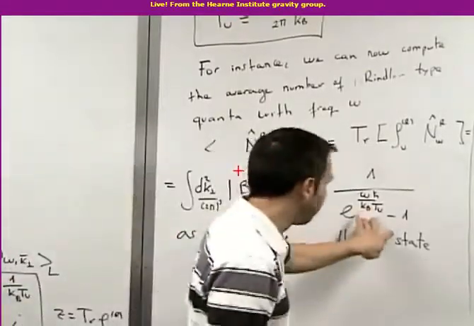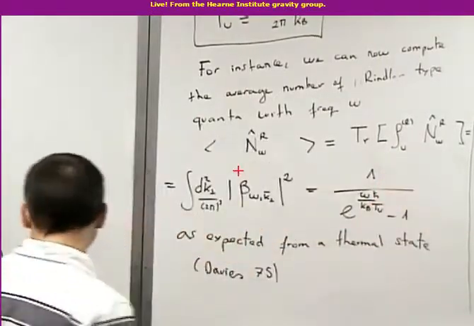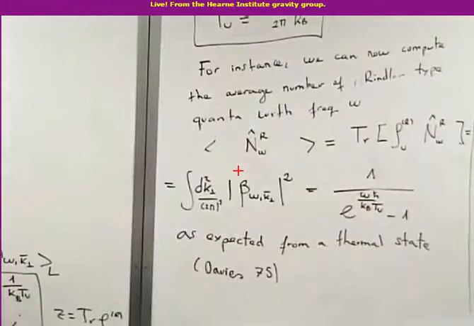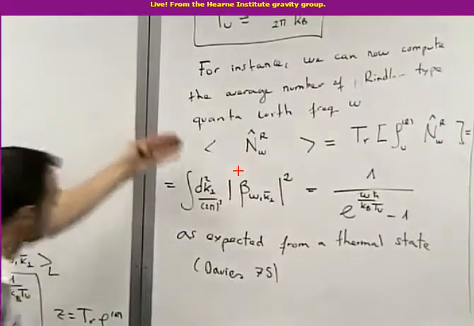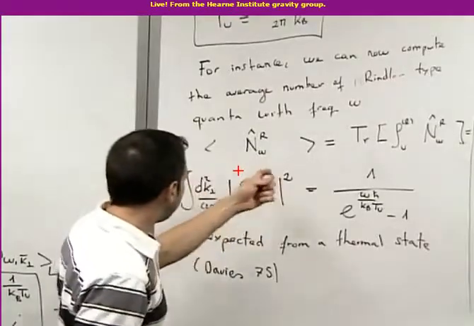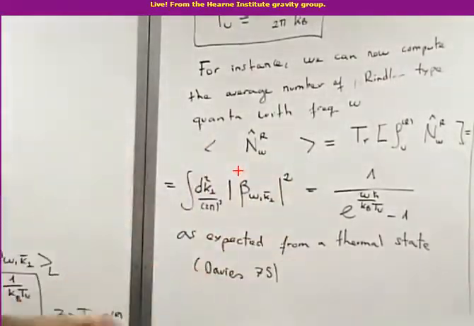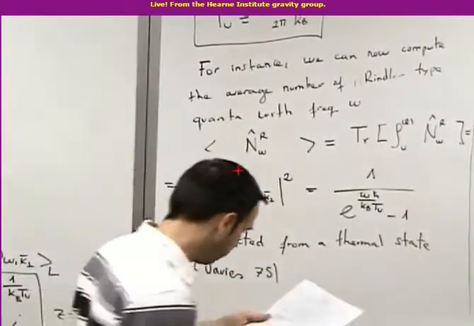So this by itself doesn't prove rigorously that the state is thermal. We have, on the other hand, obtained the density matrix, which tells us that the state is thermal, period, and now you can compute moments of that density matrix: the number operator, the product of two number operators, of three or four, whatever you want, and the results are always going to be thermal.